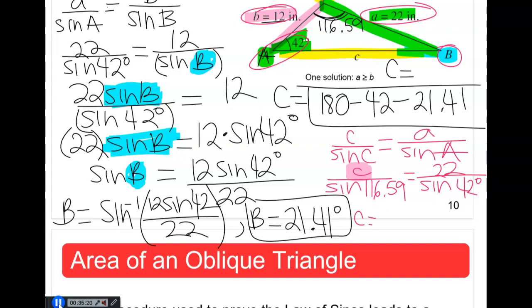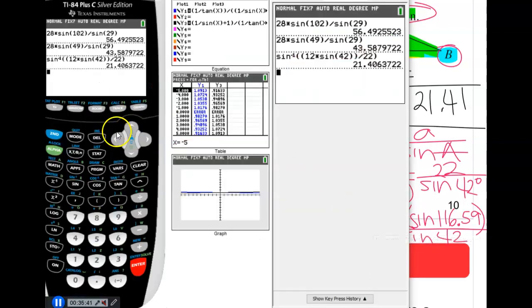So C is going to equal 22 times the sine of 116.59 over sine of 42. So let's go ahead and type this in our calculator.